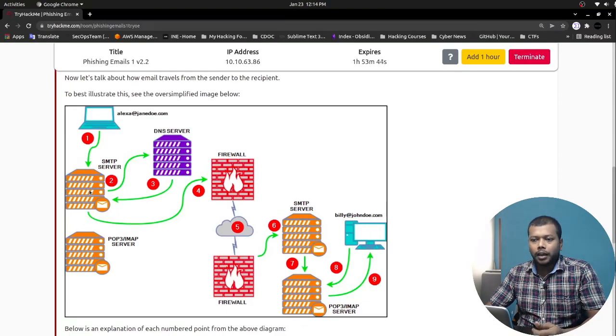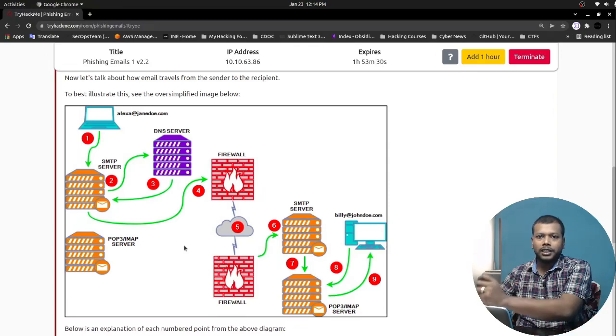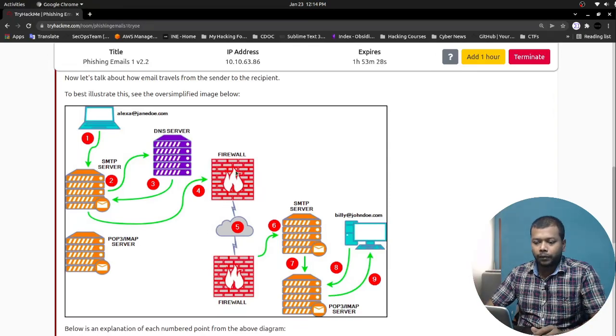I'm looking for the Google domain, so it will look for google.com, and the DNS server will give the respective IP address. And once it gets the IP address, it simply forwards that email to the next SMTP server through the network.